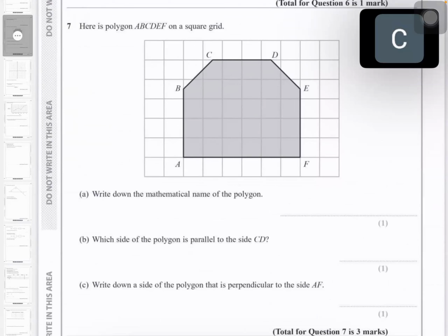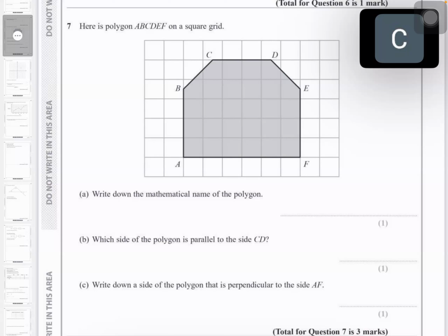Okay, this one is having to do with the polygon. Do you know the mathematical name for this guy? How many sides does he have? That's what will tell us the name. 6. 1, 2, 3, 4, 5, 6. So I think a 6-sided polygon is called a hexagon, right?